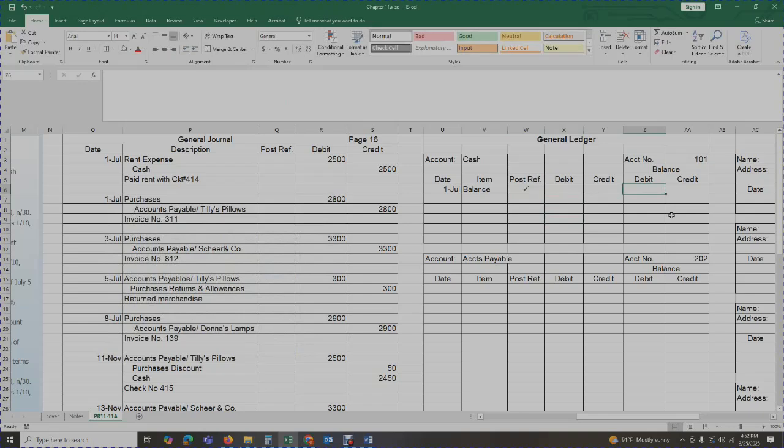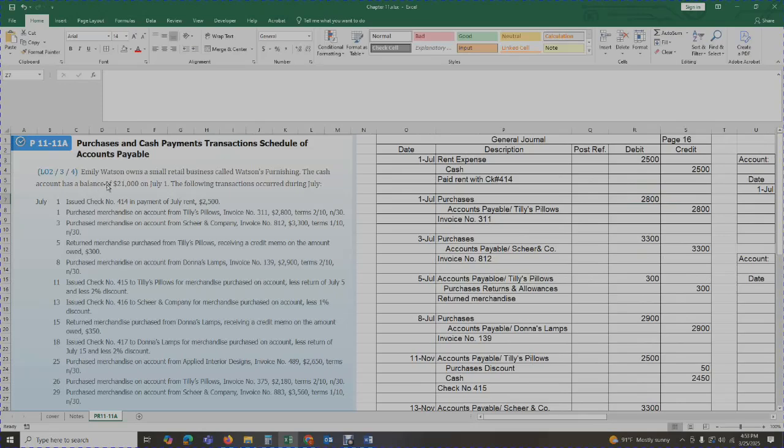Now, cash is an asset account with a normal balance of a debit. So that is our starting point. That is given to you in the problem, account balance $21,000 of cash.